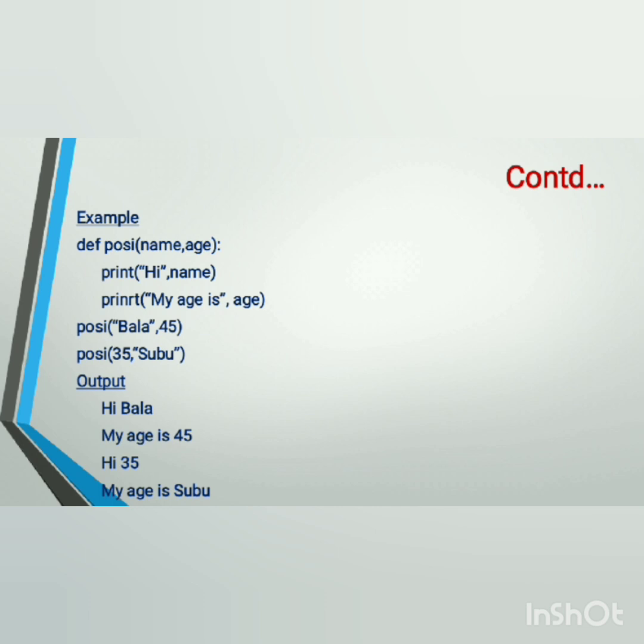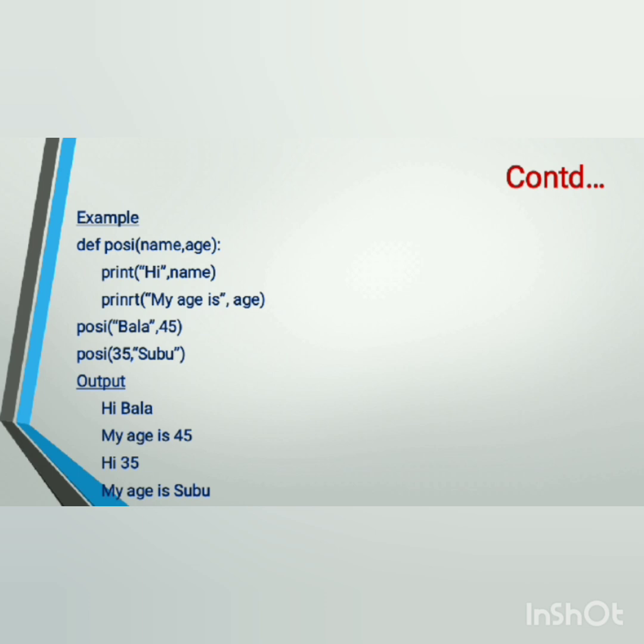Again control moves to the next statement in function calling. Again I have passed one more function call. Here the first argument is 35, second argument is Subbu. So I am giving in this sequence. Now it will call the function definition. 35 is assigned to name, because in positional argument the first argument is assigned to the first parameter, the second argument is assigned to the second parameter.